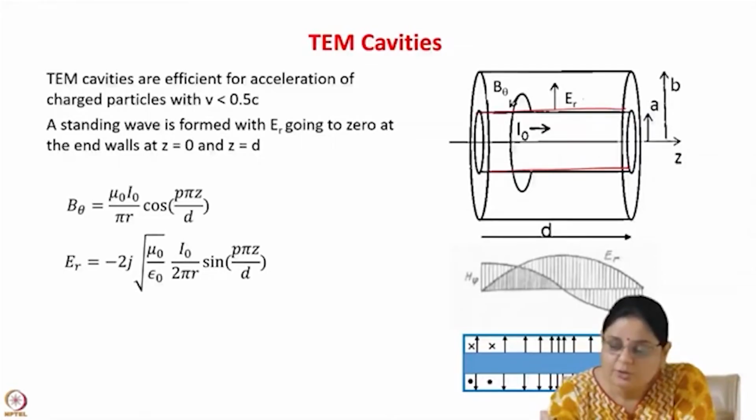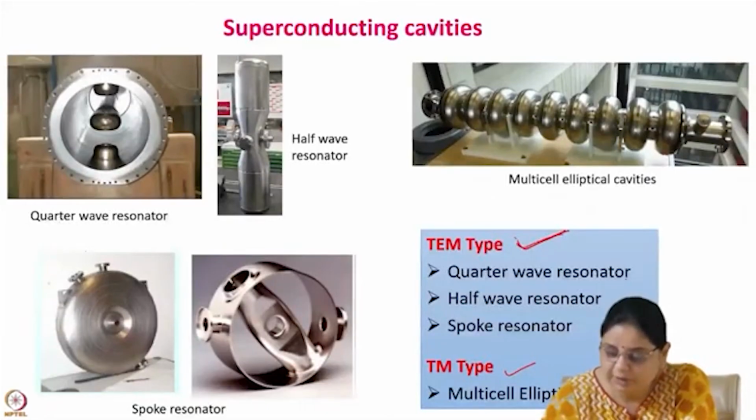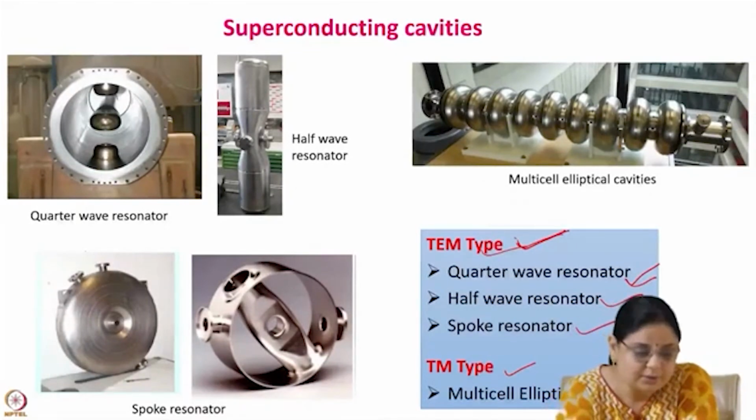So these are known as coaxial type cavities, and some of the cavities using this coaxial type where the TEM mode is excited are the quarter wave resonator, half wave resonator, and spoke resonator. So this is a quarter wave resonator, this is a half wave resonator, this is a spoke resonator.